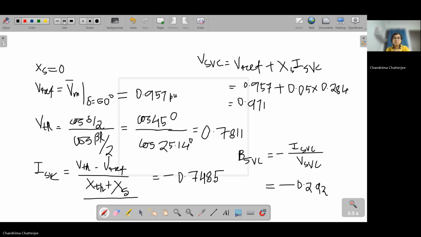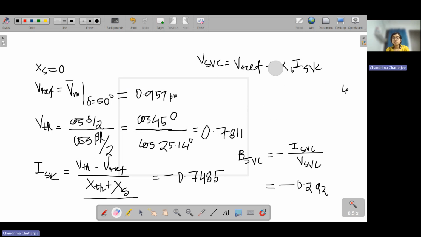So now VSVC is equal to V reference because XS is equal to 0. Now the susceptance value will be, so this is ISVC and VSVC is equal to V reference, equal to 0.957.